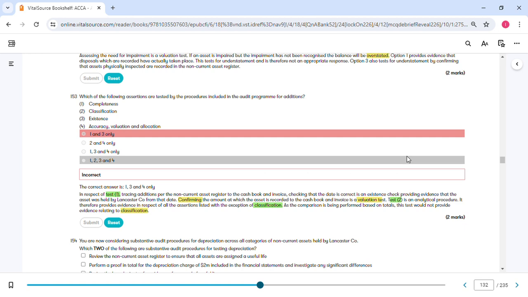Test 1 talks about existence and valuation.